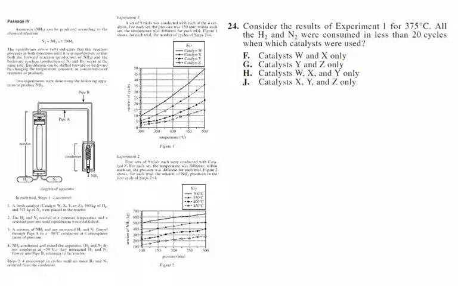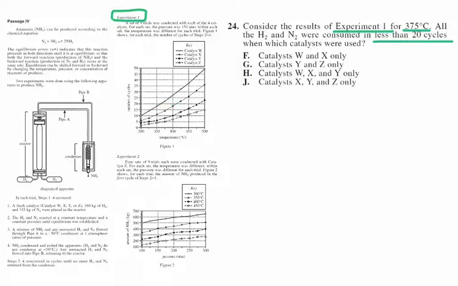Question 24: Consider the results of experiment 1 for 375 degrees Celsius. All the H2 and N2 were consumed in less than 20 cycles when which catalyst was used? So actually let's erase this one, because if we hadn't erased it, we couldn't see that data point right there.